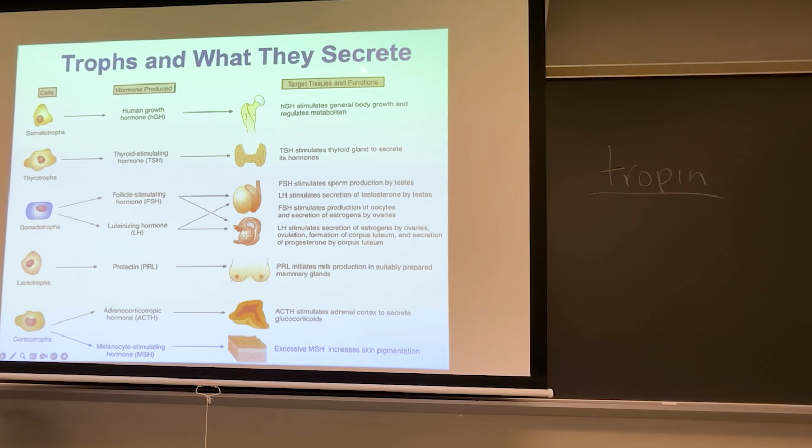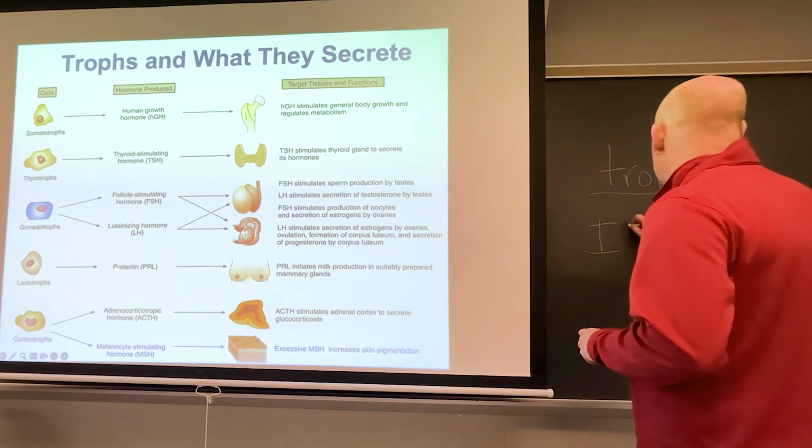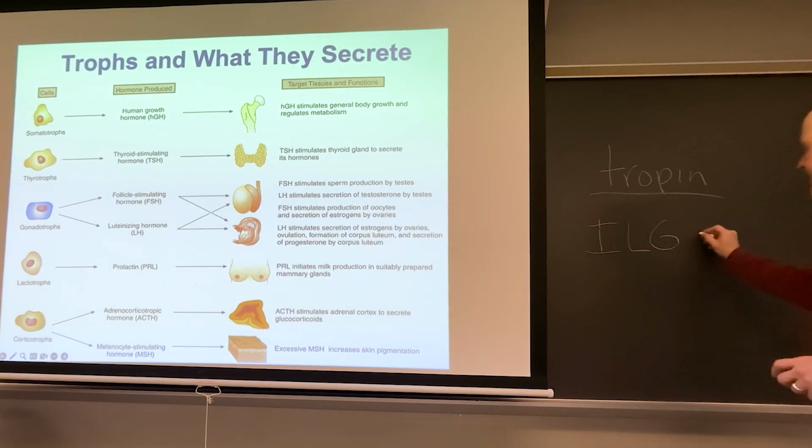So the one thing that's not listed up here is that human growth hormone causes the liver to release insulin-like growth factors, IGFs. So there's IGF-1, sometimes they're just IGFs.